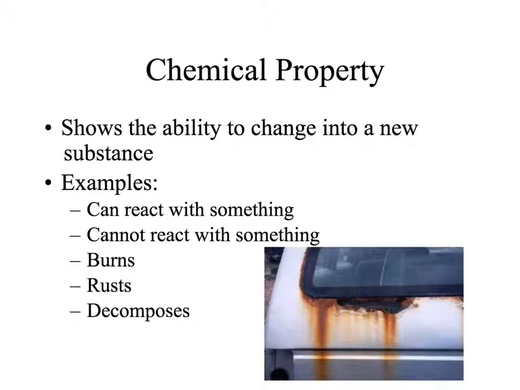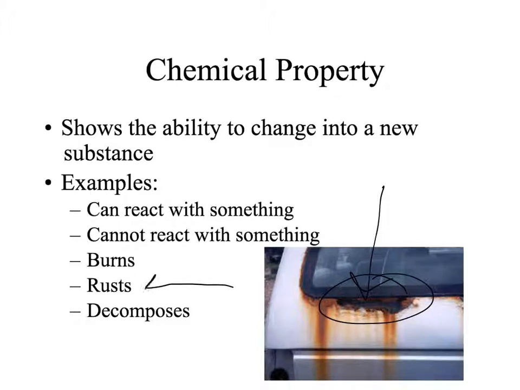When we look at chemical properties, though, it's slightly different. It's the idea that an object might have the ability to change into a totally, completely new substance. Examples of that could be, let's look for example right here at this car. An old car with the paint rubbed off exposes the iron and the steel to the car, so it can possibly rust.